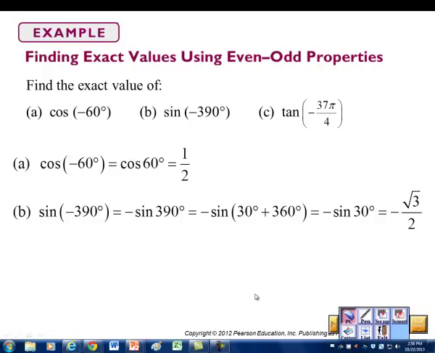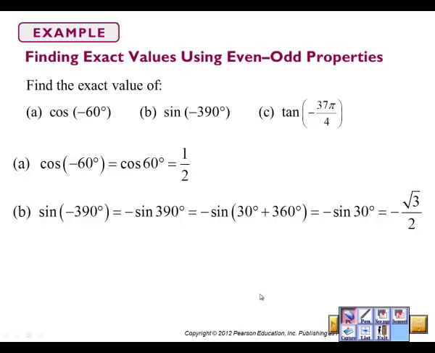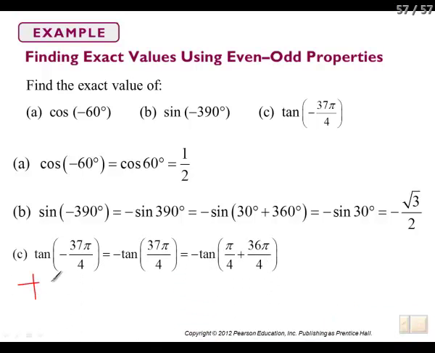And then tangent of 37 pi over 4. One period for tangent is pi, and we know pi is 4 pi over 4. So basically, what we want to do is find multiples of 4.